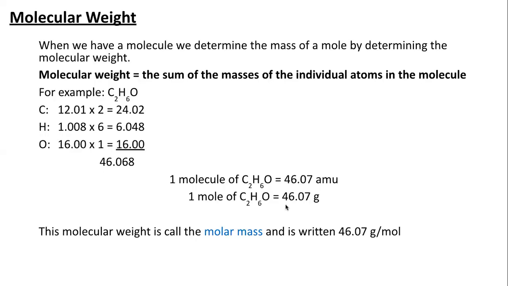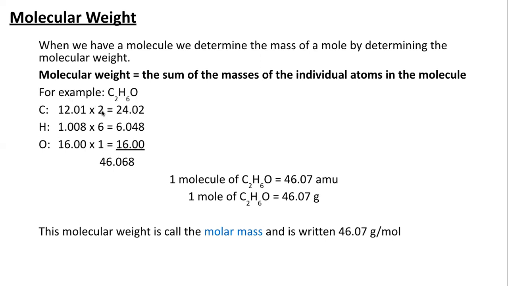When we have a molecule, we determine the mass of a mole by determining the molecular weight. The molecular weight is the sum of the masses of the individual atoms in the molecule. So here we have this C2H6O molecule. And similar to what we did on the last slide, we're going to take these weights that we get from the periodic table for each of these atoms and multiply them by the subscripts that we see here. So in this compound, we have 2 atoms of carbon, 6 atoms of hydrogen, and 1 atom of oxygen.